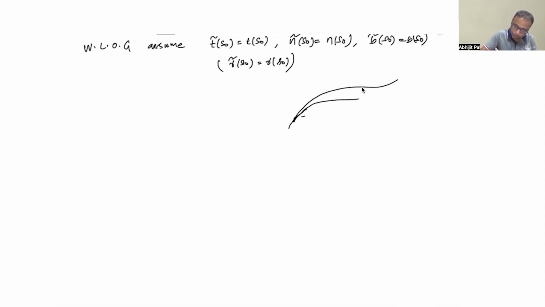For both the curves, this will be my tangent vector, the normal vector will also be the same, and the binormal vector will also be the same. And this is my point gamma S naught.